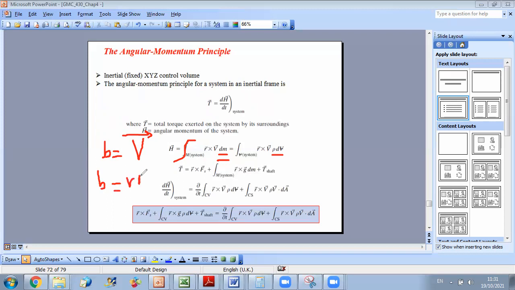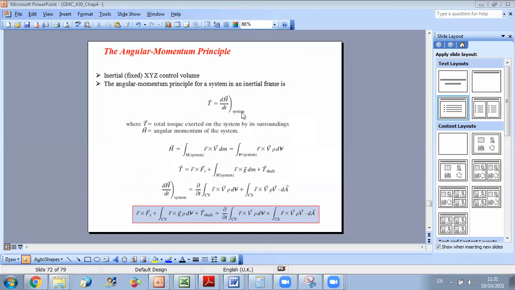When b is r vectorial v, we get the equation of angular momentum. So we apply it by replacing in the Reynolds transport theorem b by r vectorial v. Okay. This gives us the angular momentum principle.